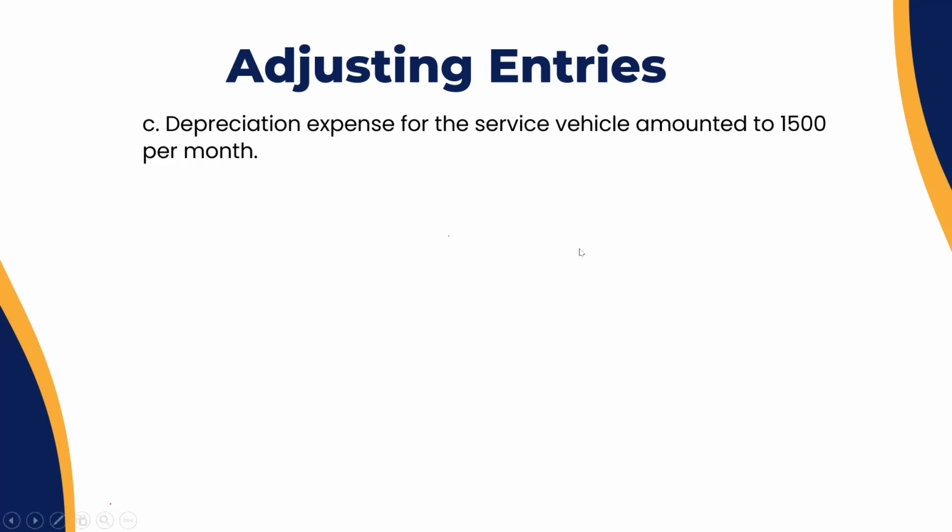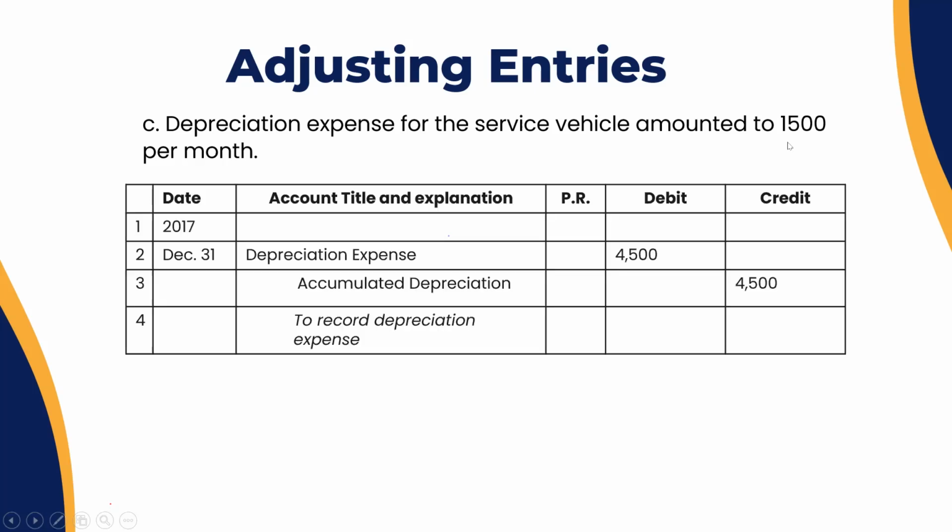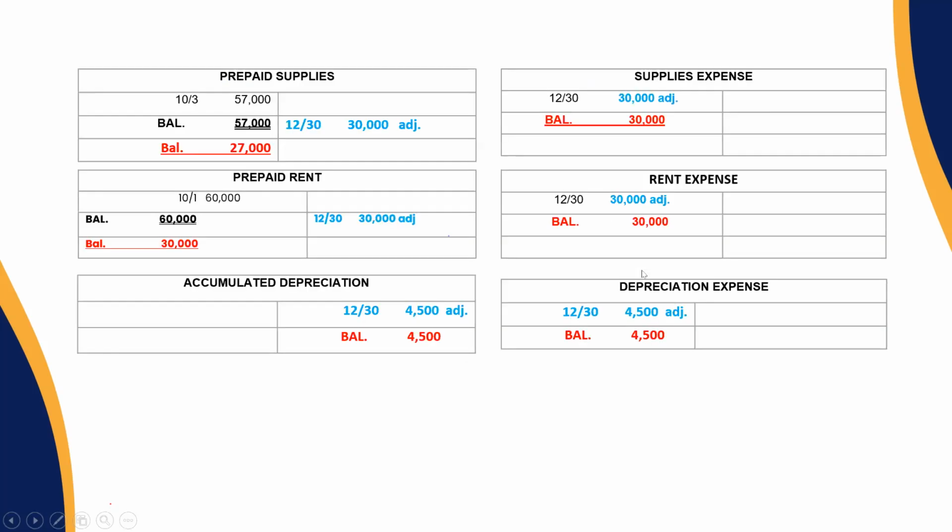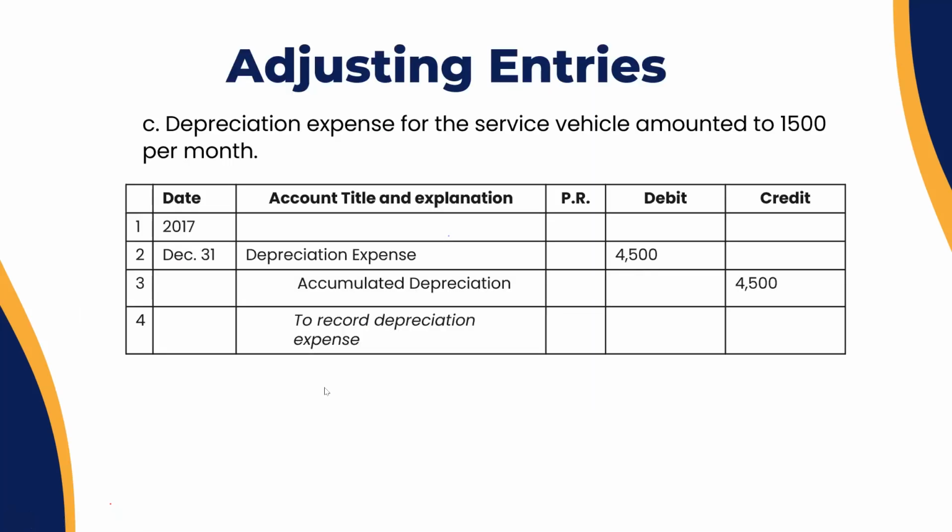Now, how do you record depreciation expenses? Hindi tayo mag-solve dito na example. Mamaya, sa next example, dito, given na siya. Given na siya, nasabi niya, 1,500 per month daw yung depreciation expense. So, how do you record it? Of course, depreciation expense, debit talaga.